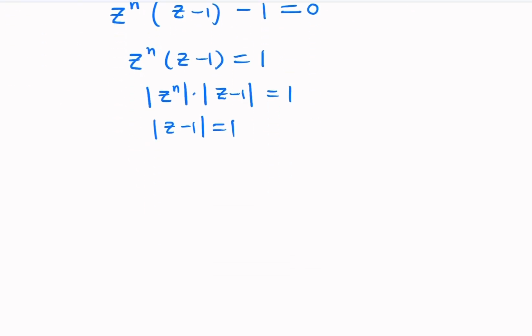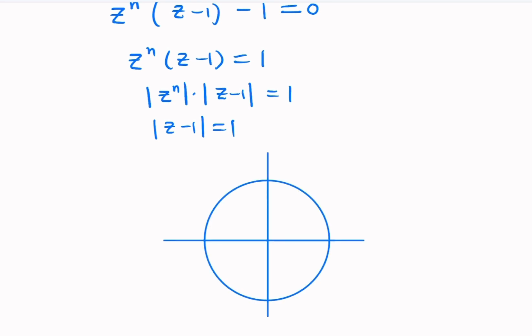Here comes the geometric interpretation of complex numbers. So in the complex plane, when we say z has modulus 1, we know that it is on this unit circle here. And the modulus of z minus 1 is also equal to 1. So z must be somewhere here.